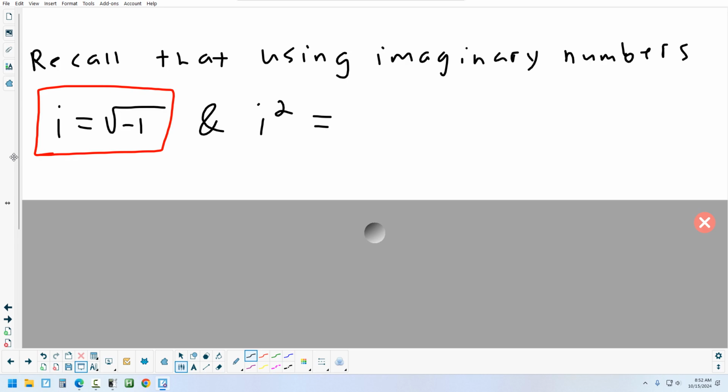Well, i equaling the square root of -1, that's a definition. That is not something you can prove. You can't answer why, really. It's just because it is.